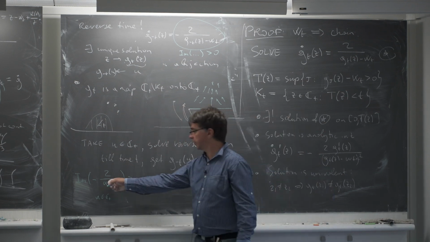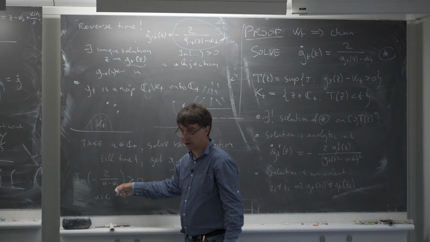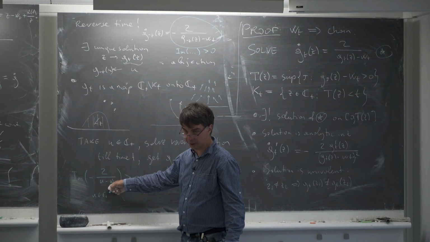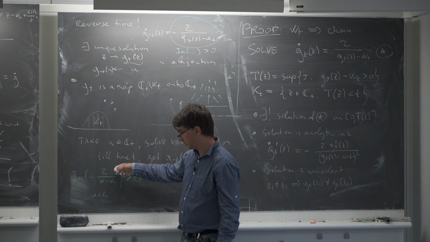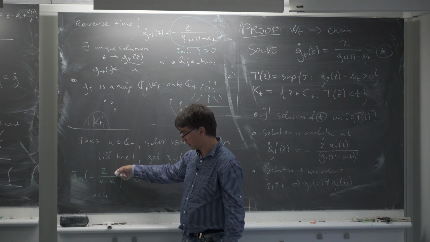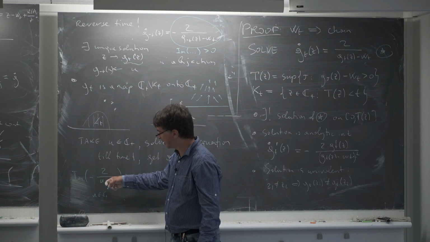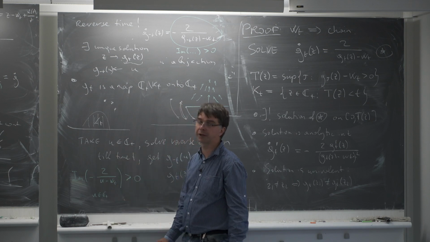Because you take a number in the upper half plane, you subtract real numbers, you get a number in the upper half plane. When you take the reciprocal of a number in the upper half plane, you get a number in the lower half plane, and you take minus, and you are back in the upper half plane.